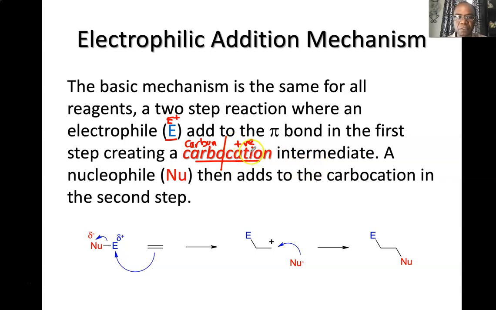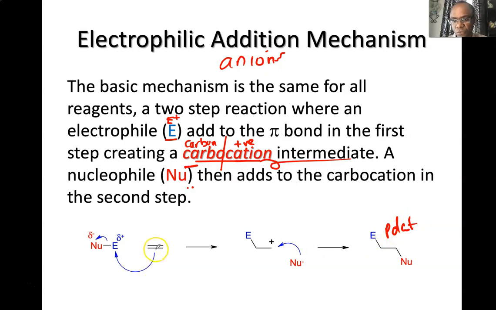Species that are positively charged are called cations. Species that are negatively charged are called anions. So you get a carbocation intermediate before the mechanism continues. Once you get your carbocation, a negatively charged species or a species with a lone pair will come back to attack the positive center, which is a carbocation, which is what's happening here. And that's how you get your addition product.